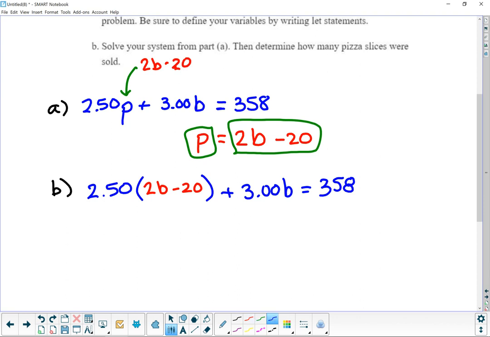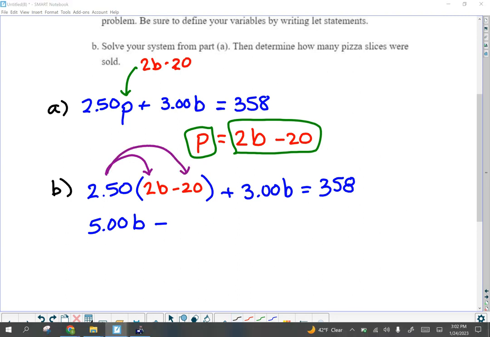Now you're going to do a little bit of work here. Get out your calculator if you need help. First, you're going to go 250 times 2. If you have 250 and 250, how much do you have? Well, you have $5, right? So $5B minus, and then you do the same thing again: 250 times negative 20.